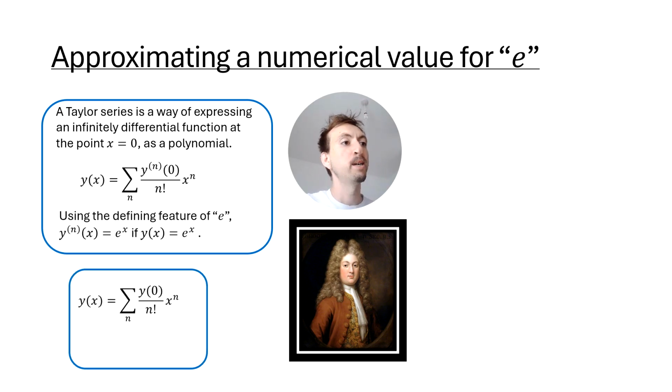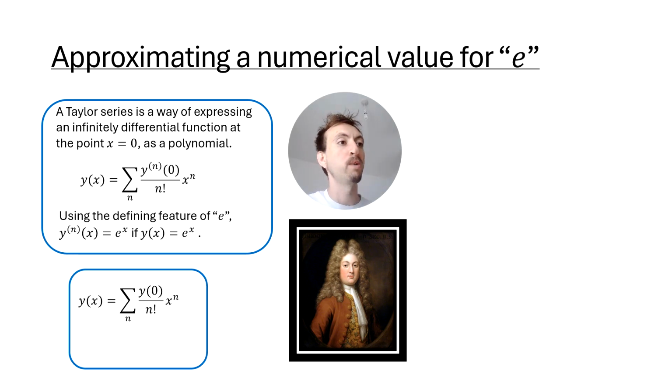Now we can use this Taylor series expression to get a Taylor series expression for our function y equals e to the x. Now remember, the special property of e to the x is that no matter how many times we act a derivative operator on it, we get back e to the x.